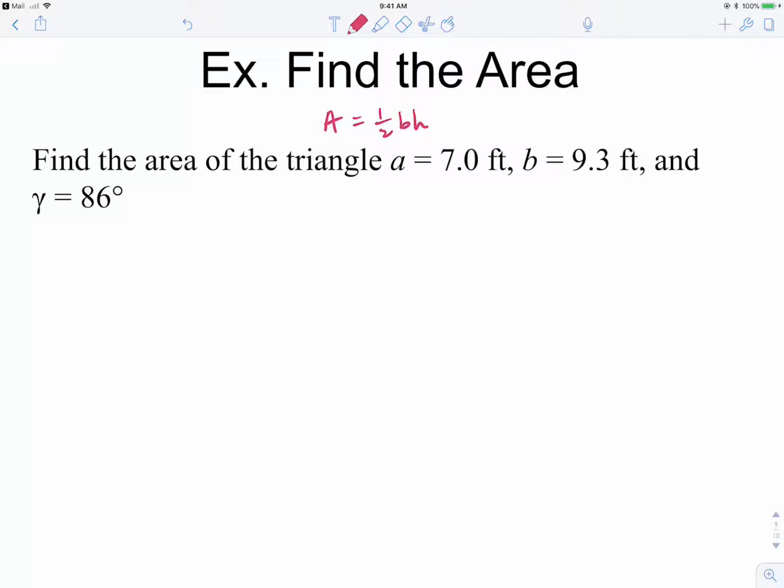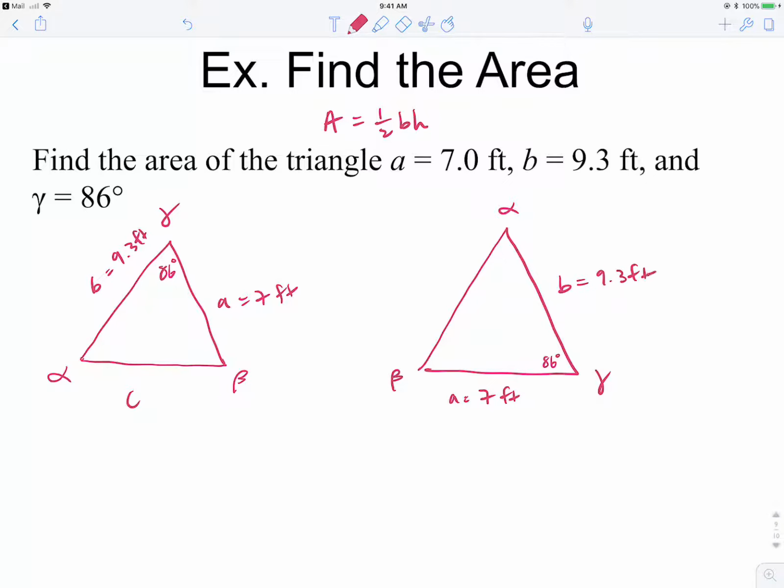So I'm going to actually rotate this triangle so that my base is 7 feet. So A. So that would make this gamma, alpha, beta. Okay, all I did was rotate the triangle.